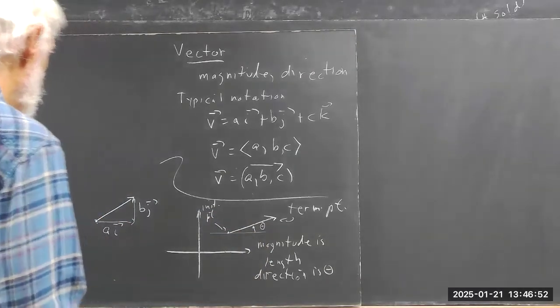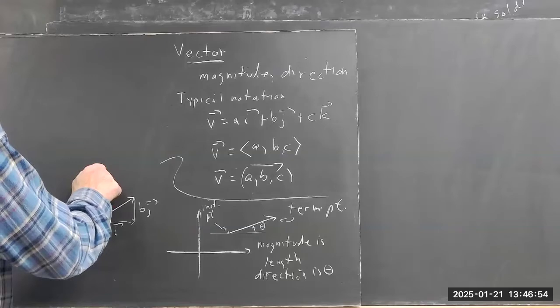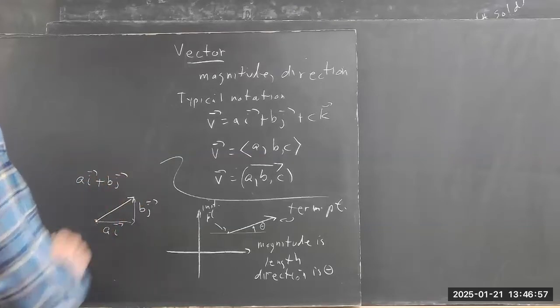If we do it like this, then this vector is ai plus bj.